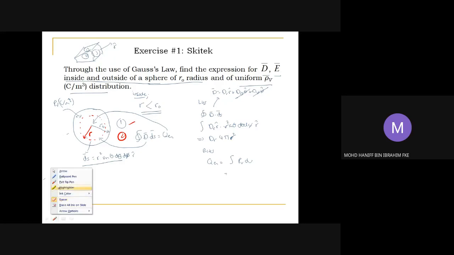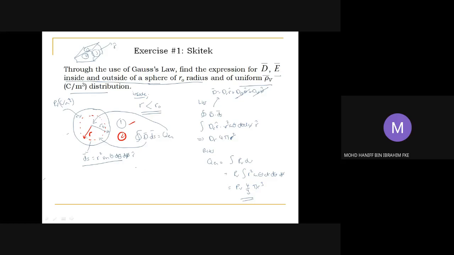So the volume charge ρv is given. The dv will be based on the dv for your spherical structure, which is r² sinθ dr dθ dφ, and subsequently you're going to have ρv (4/3)πr³. That should be your enclosed charge, the charge inside the red colored Gaussian structure.